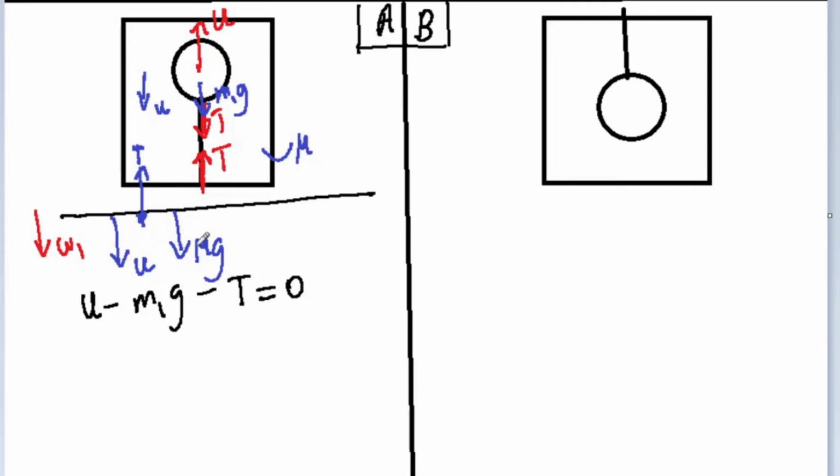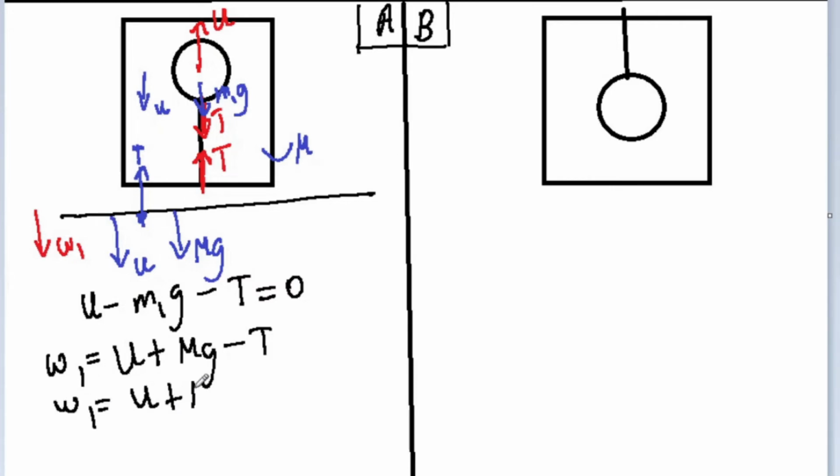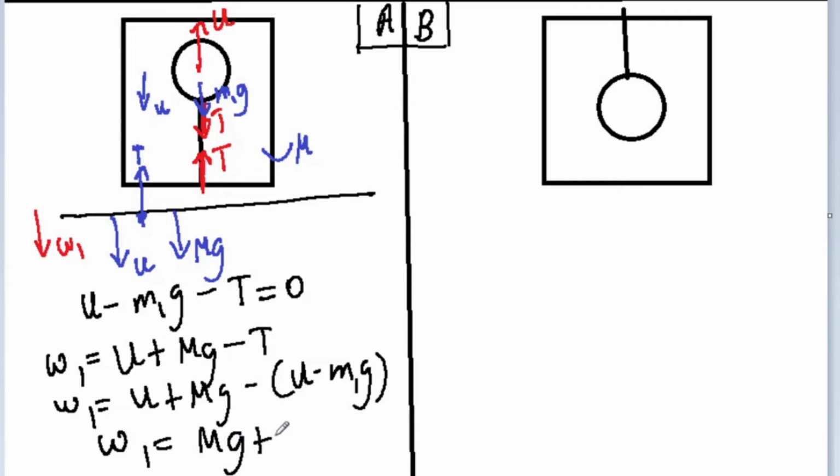So W1 would be equal to U plus Mg minus T, and we can substitute T from this equation into this one. So W1 is equal to U plus Mg minus T, which is U plus Mg minus (U minus m1g). Simplifying this, we get W1 equal to capital Mg plus small m1g. I'm going to call it equation A.